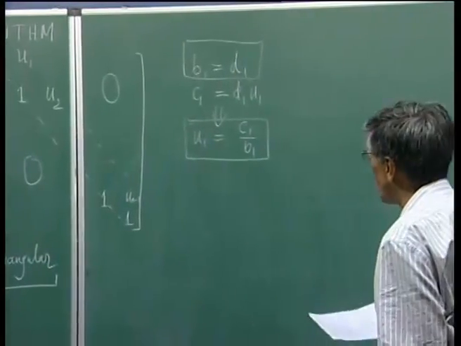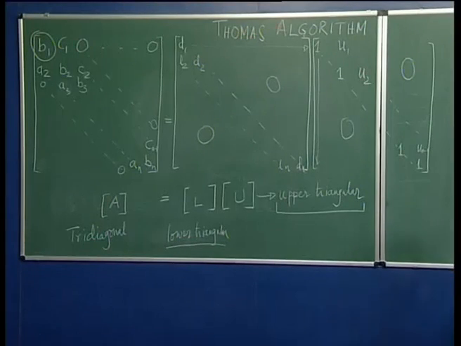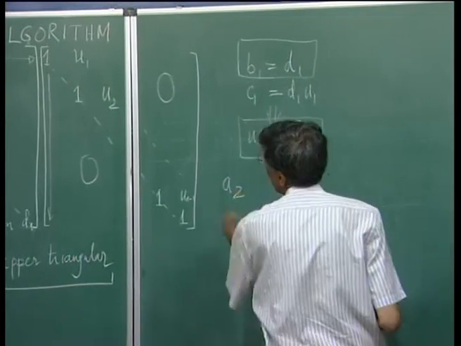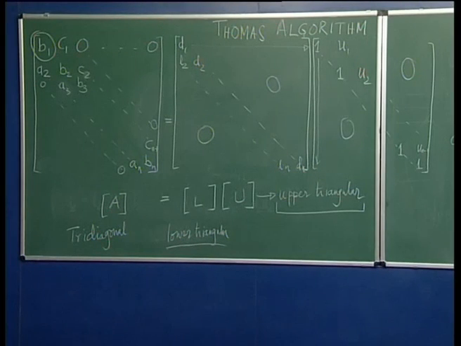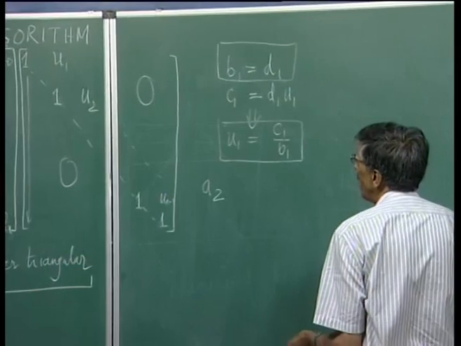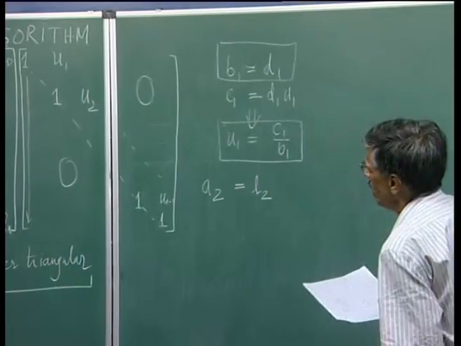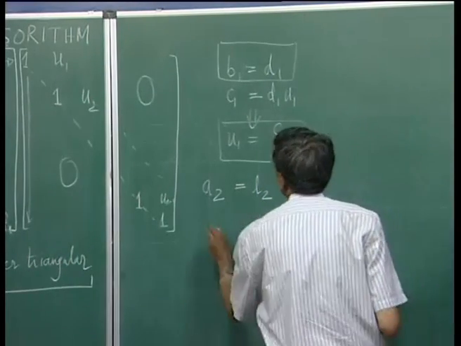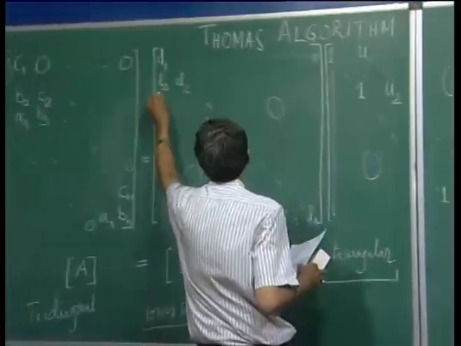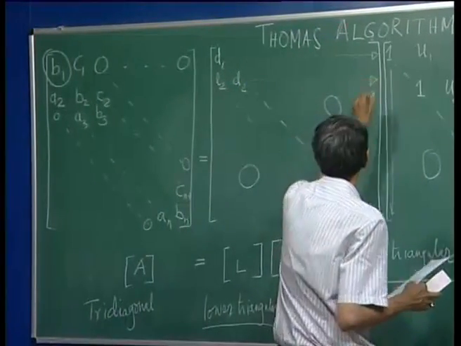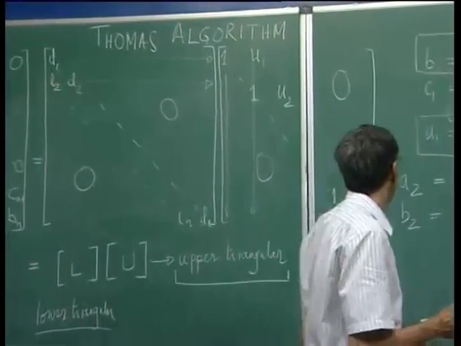Now, we can go through this exercise on the second row of A matrix. For example, A2 would be the product of the second row of L matrix multiplied by the first column of the U matrix. So, that means A2 would be simply equal to L2. Now, if I look at the entry B2 of the A matrix, that will be the second row of L matrix multiplied by the second column of the U matrix.